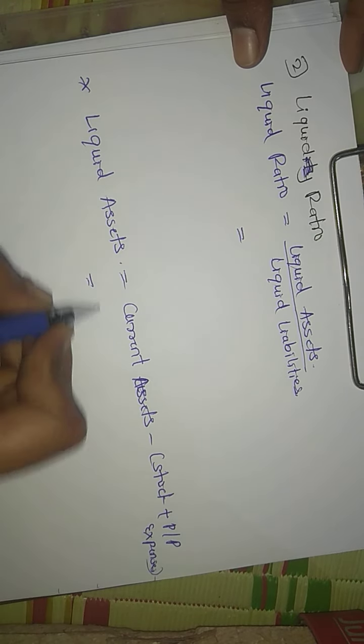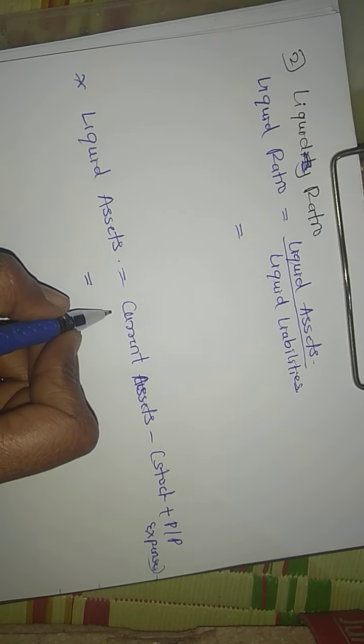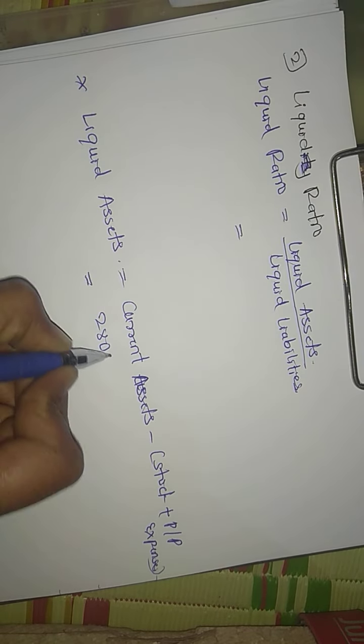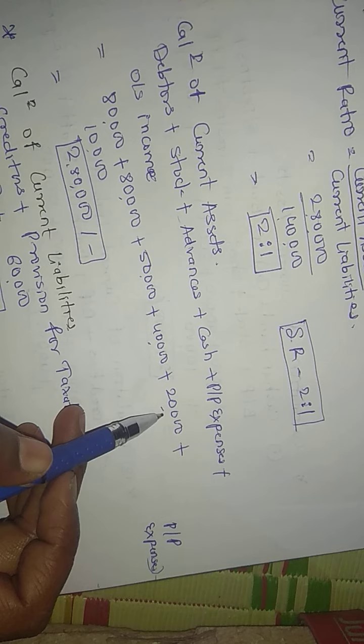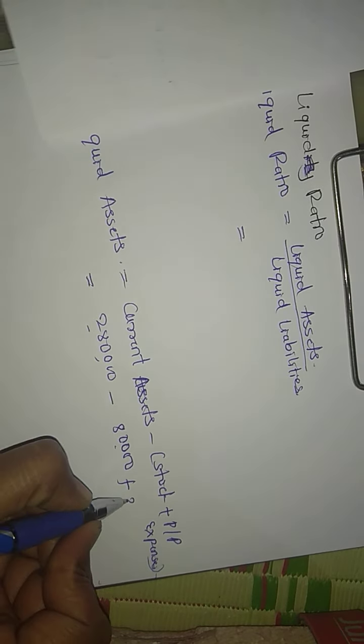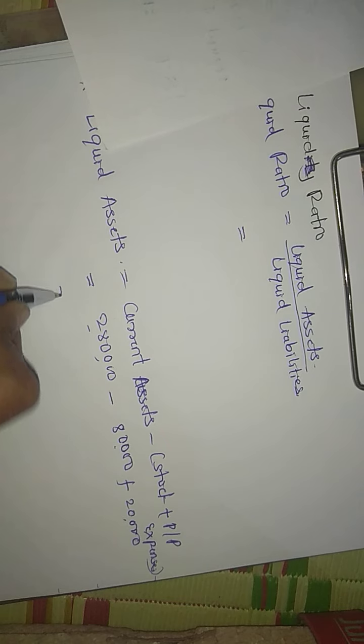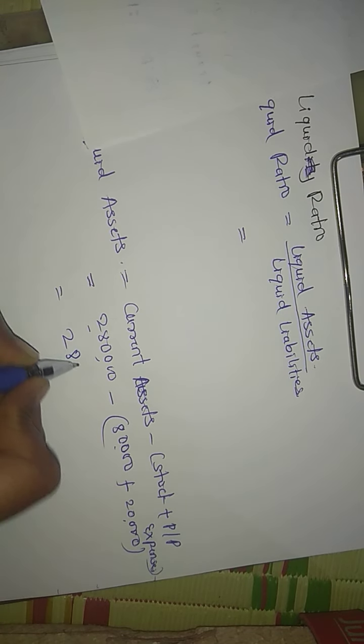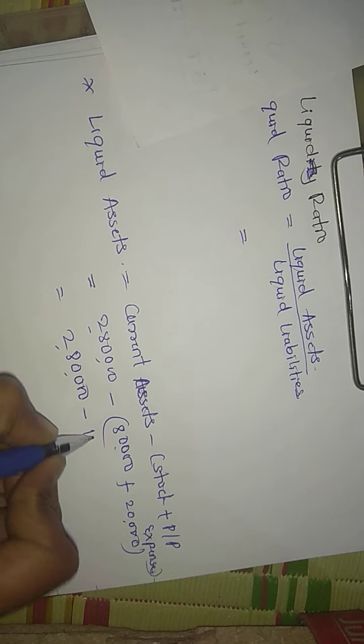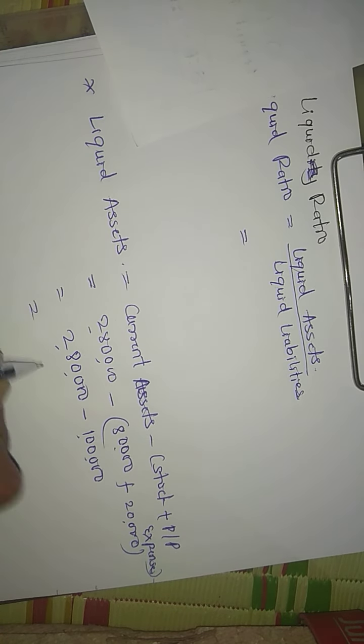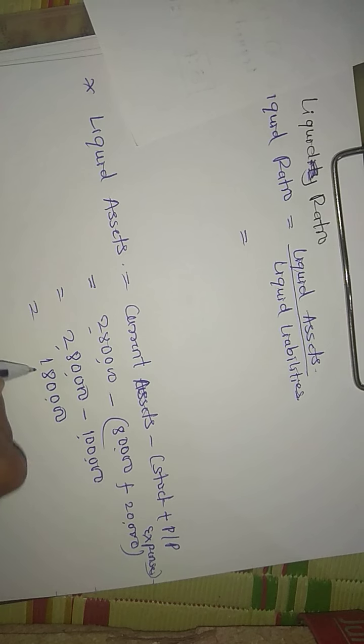The current assets value we get is 2,80,000. 2,80,000 minus, we deduct the value of stock and prepaid expense. The stock value is 80,000 and prepaid expense value is 20,000. If we deduct these two items, then we get 2,80,000 minus 1 lakh, we get 1,80,000 as liquid assets.